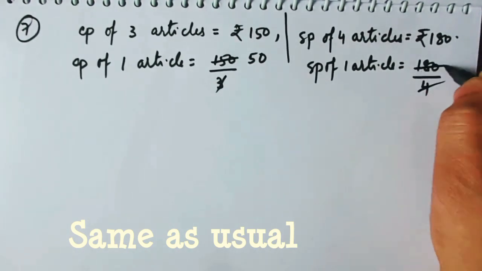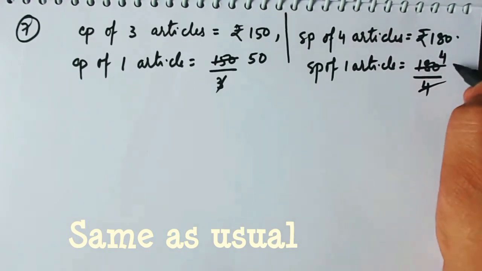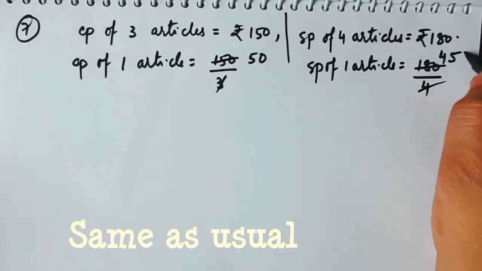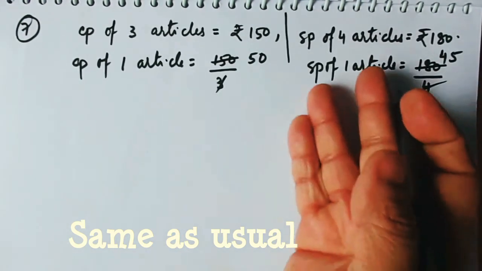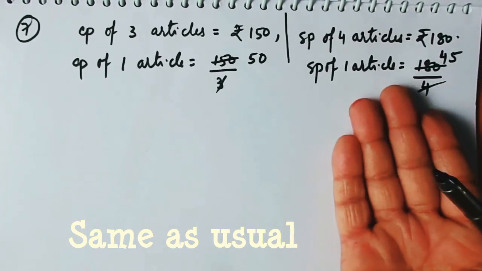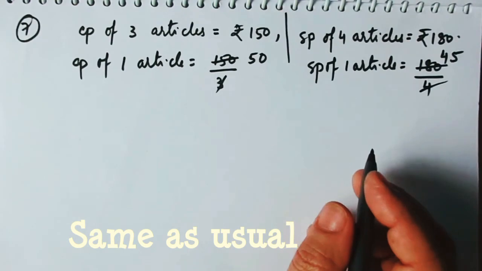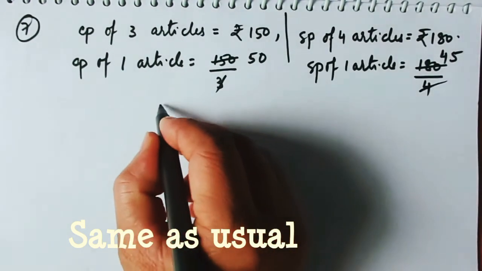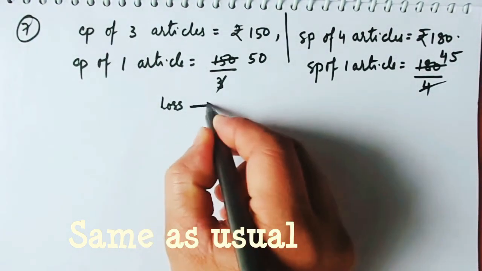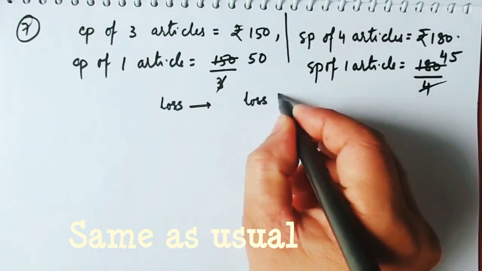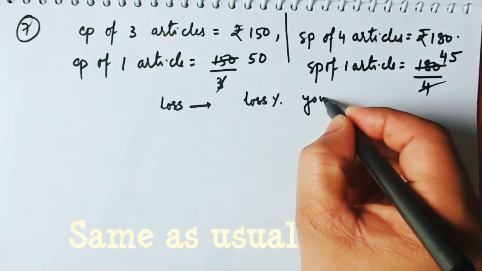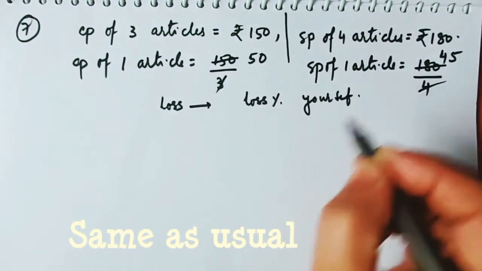Let's see, 4 4s are 16, 4 5s are 20. So I find that the selling price is less than the cost price. So it's very natural that they will have loss, and please find out the loss percent yourself.